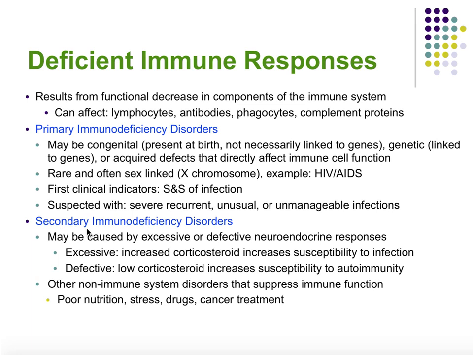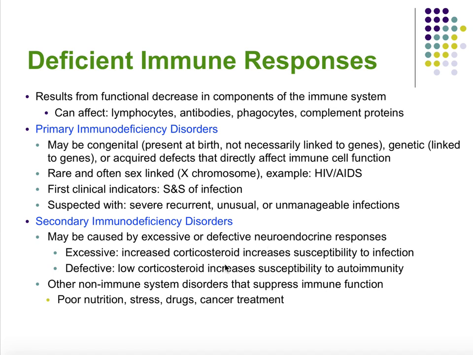But the secondary immunodeficiency disorder is occurring not because there's necessarily an issue with the immune system, there's an issue with something else. For example, maybe you have issues with hormones, too much or too little. For example, excessive corticosteroids can increase susceptibility to infection.